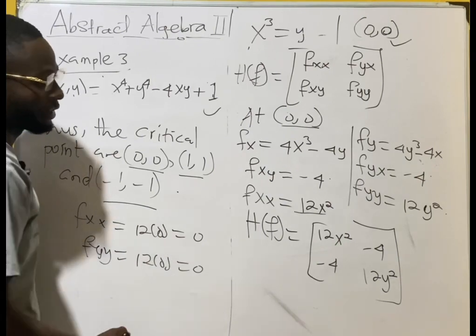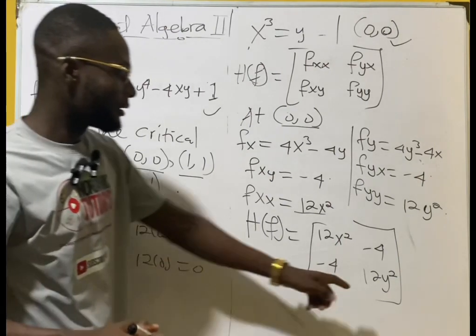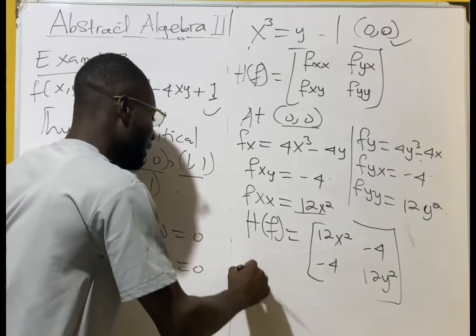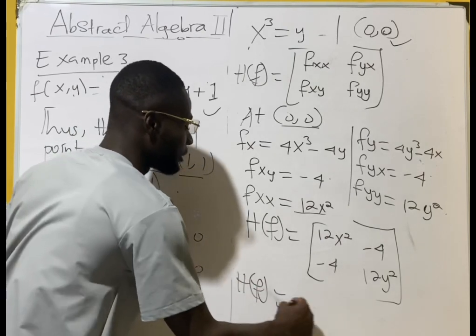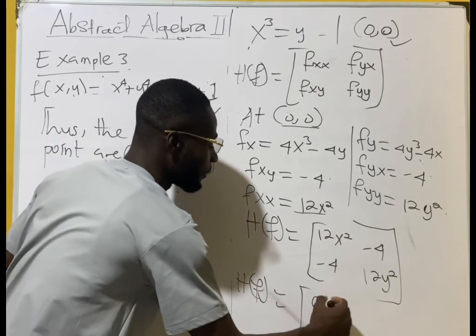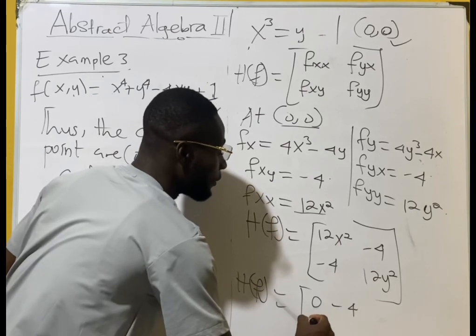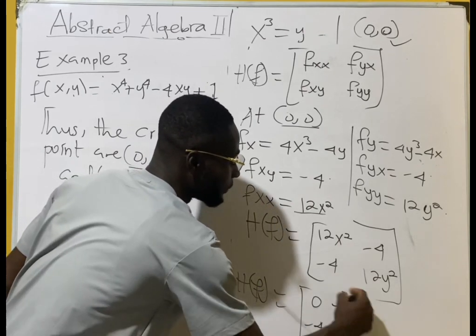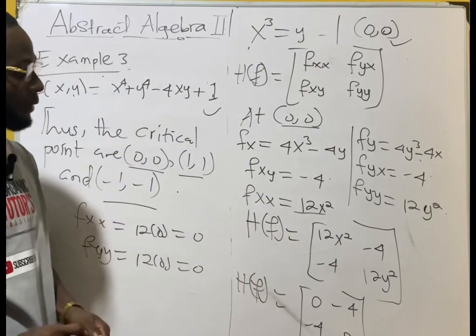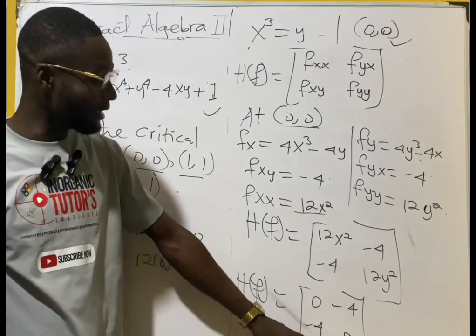So our exact Hessian matrix will be [0, -4; -4, 0]. This is our exact Hessian matrix.